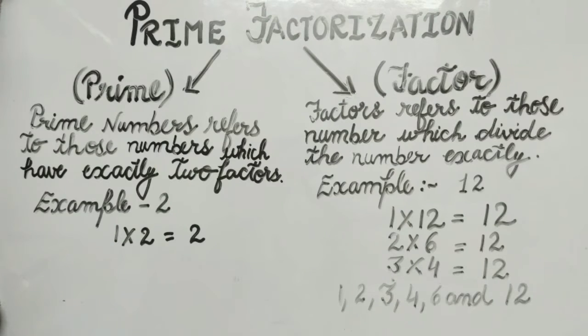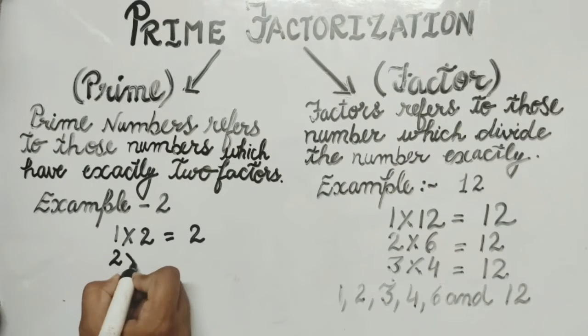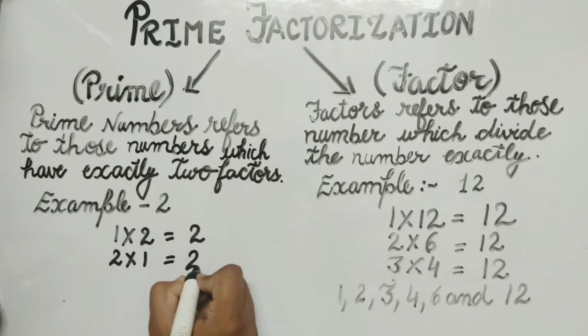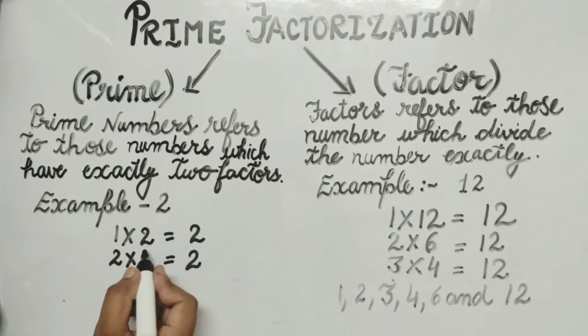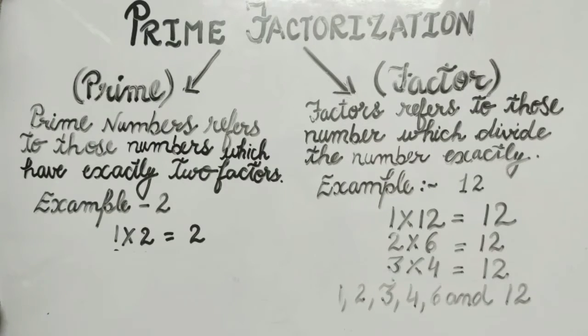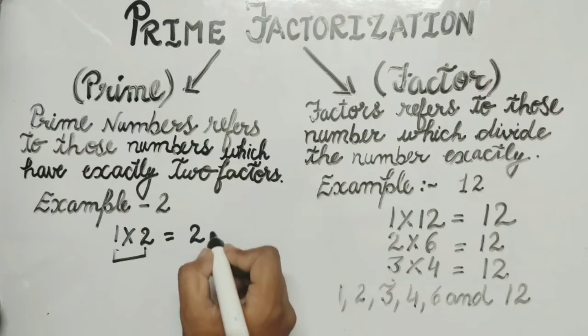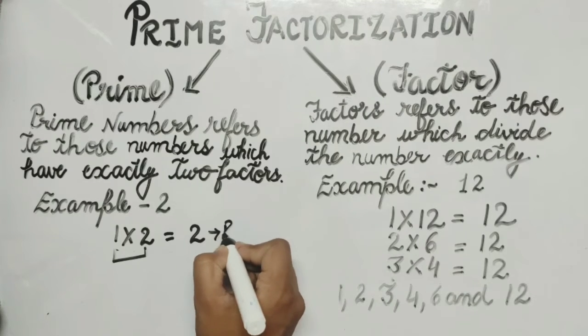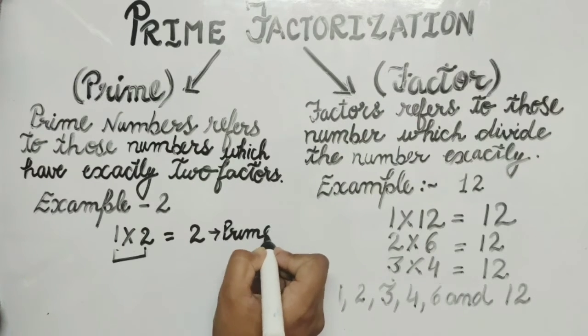After 1, what comes? 2. 2, 1s are 2. Students, here factors are repeating, so we will stop here only. Clear? Now, 2 has how many factors? Only 2 factors. So we can say that 2 is a prime number.